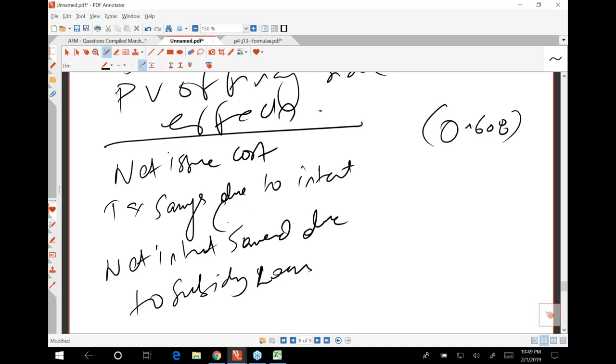What is the tax saving due to interest? Please tell about both the loans.